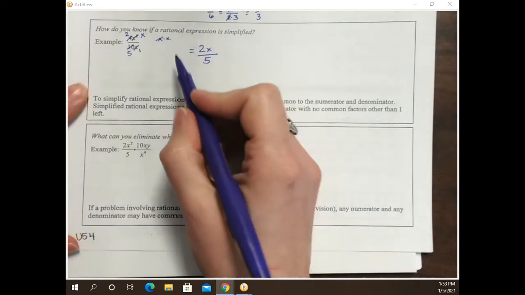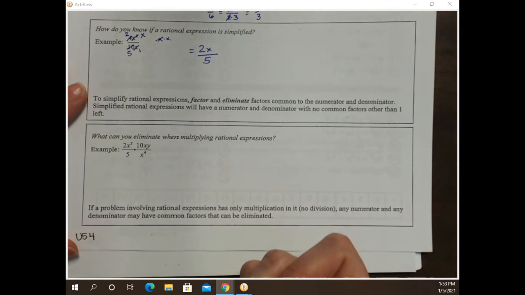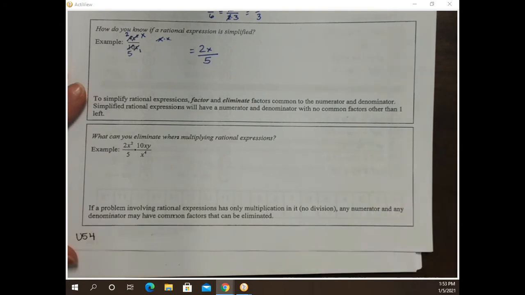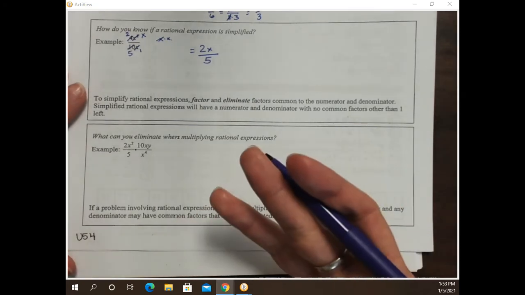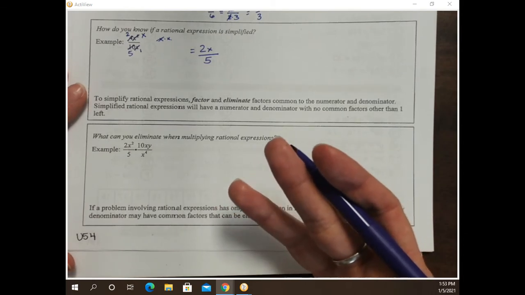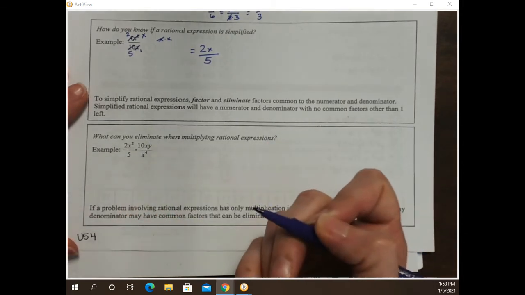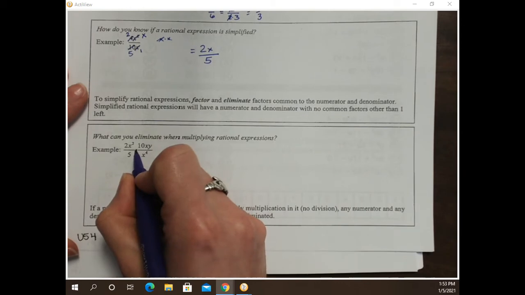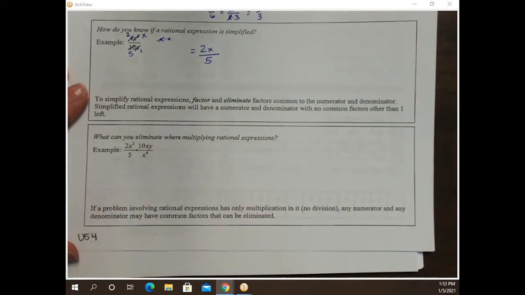So we're going to look at reducing today, and we're also going to look at multiplying and dividing these rational expressions. When we multiply and divide rational expressions, or multiply and divide fractions, I should say, as you should have done in that warm-up practice set, I treat these the same way. When I multiply fractions, I multiply the terms on top and the terms on bottom.